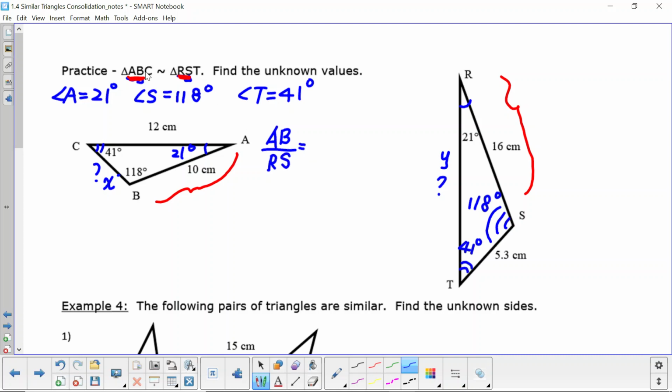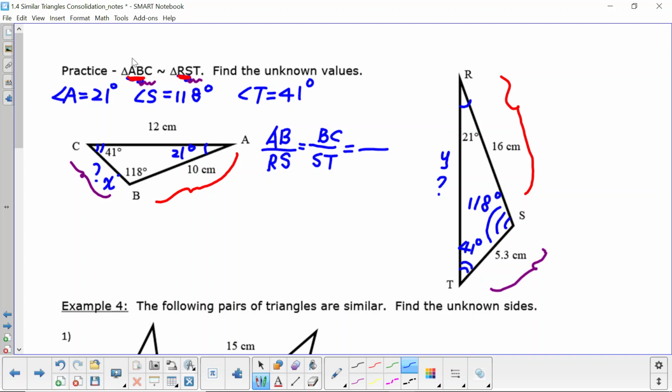Then the last two letters will be BC, ST. So BC corresponds to ST. Then we are going to write this first, BC over ST. Then we have only the last side left.